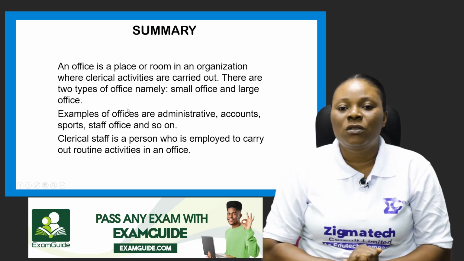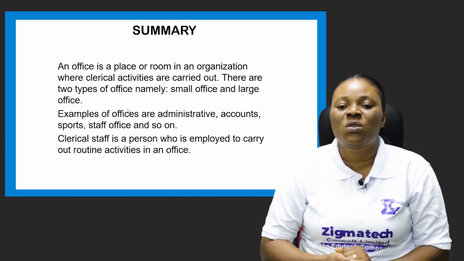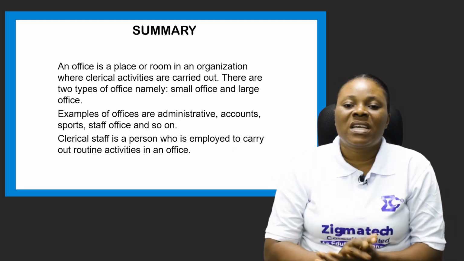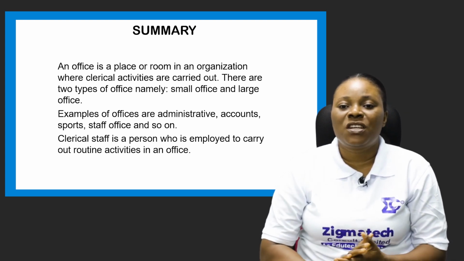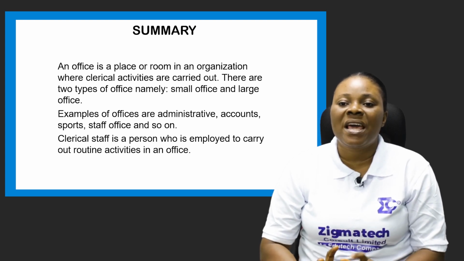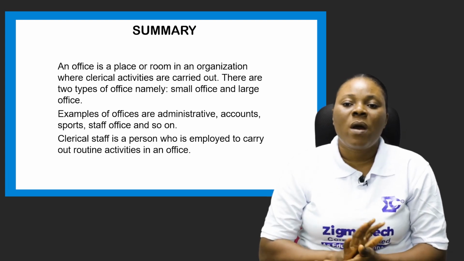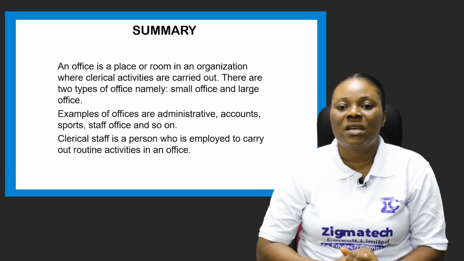Before we end the lesson, let's take a quick recap of what we have learned today. We started by looking at the definition of an office, and we defined an office as the place or a room in an organization or an establishment where clerical activities are carried out.